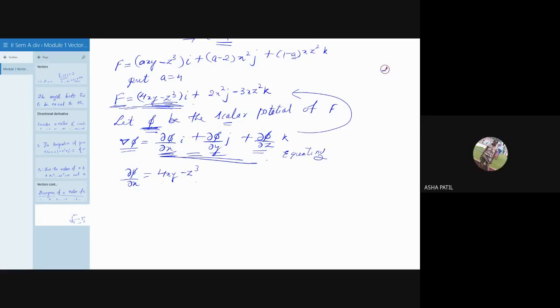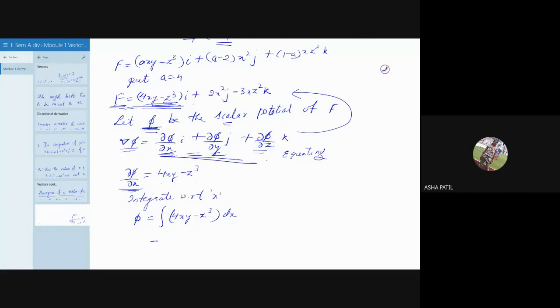Because here we have dou phi by dou x, we will integrate with respect to x, so we'll get phi. Integrating with respect to x, phi is equal to the integration of 4xy minus z cube with respect to x. Integrating both sides, derivative and integration cancel. In the LHS we are left with phi, and on the RHS let us integrate with respect to x.